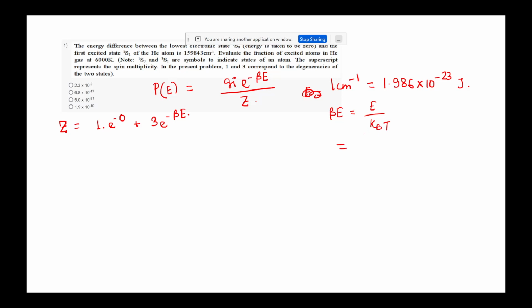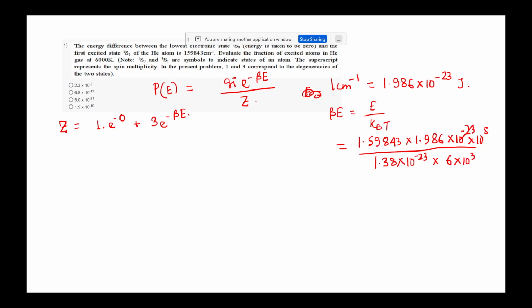We will do the calculation for you guys. So there will be 1.59843 into 1.986 into 10 to the power minus 23 times 10 to the power 5, divided by 1.38, that is the Boltzmann constant, 10 to the power minus 23, into 6 into 10 to the power 3 Kelvin.